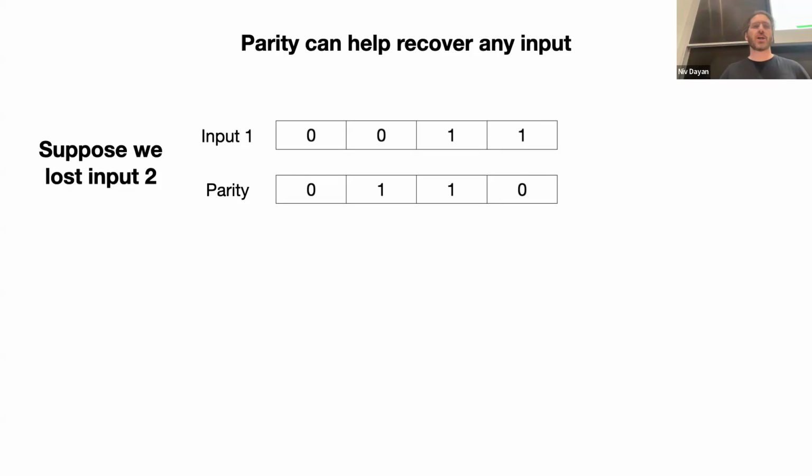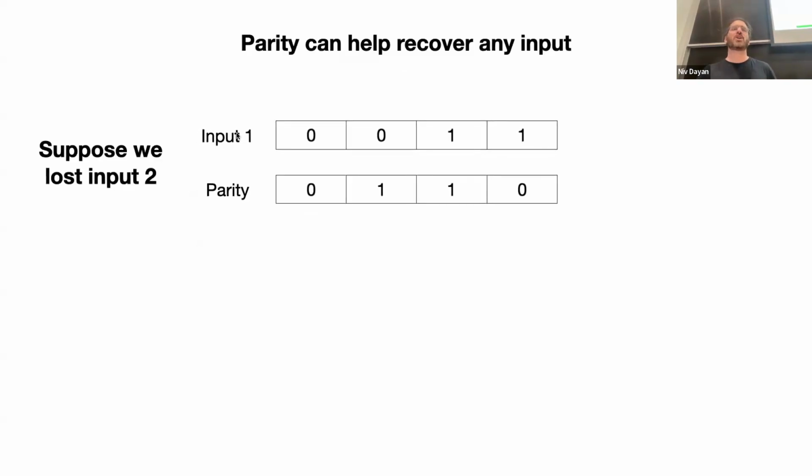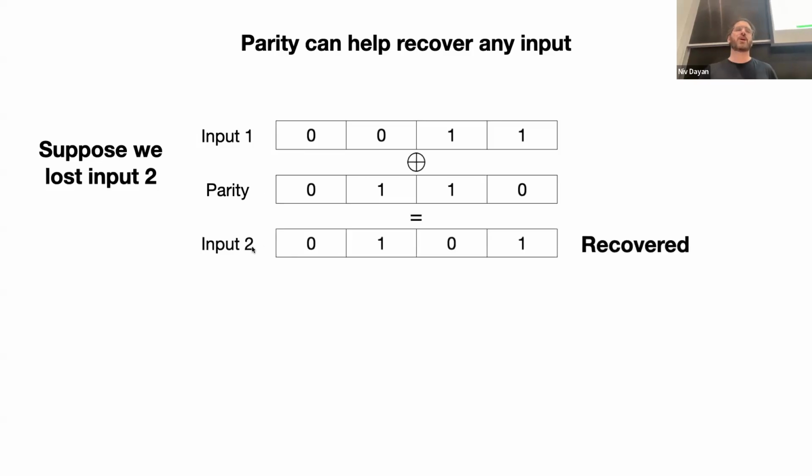The product of XORing is called a parity. This is helpful because supposing that you lost either one of the inputs, but you still have the parity, that allows you to recover the other input if you XOR it with one of the original inputs. So if I take input 1 and XOR it with the parity, I will have recovered input number 2.